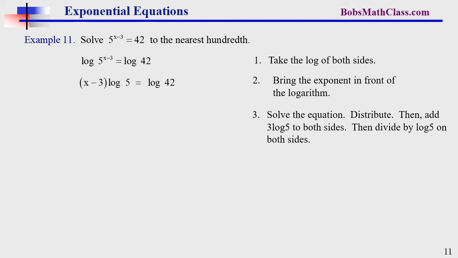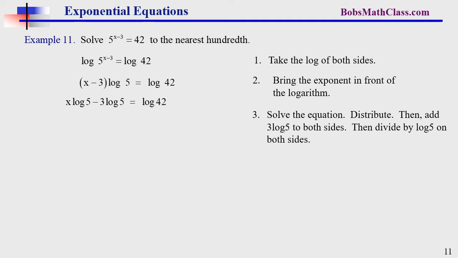So distribute the log 5. So log 5 times x is x log 5. Log 5 times negative 3 is negative 3 log 5.